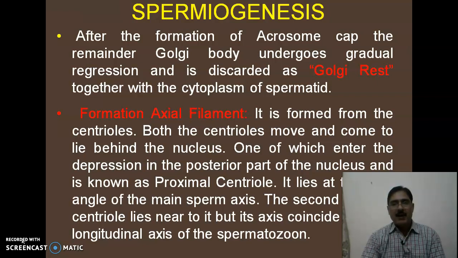It lies at a right angle to the main sperm axis. The second, or distal centriole, lies near it, but its axis coincides with the longitudinal axis of the spermatozoon, or we can say it is at a 90-degree angle to the axis of the proximal centriole.